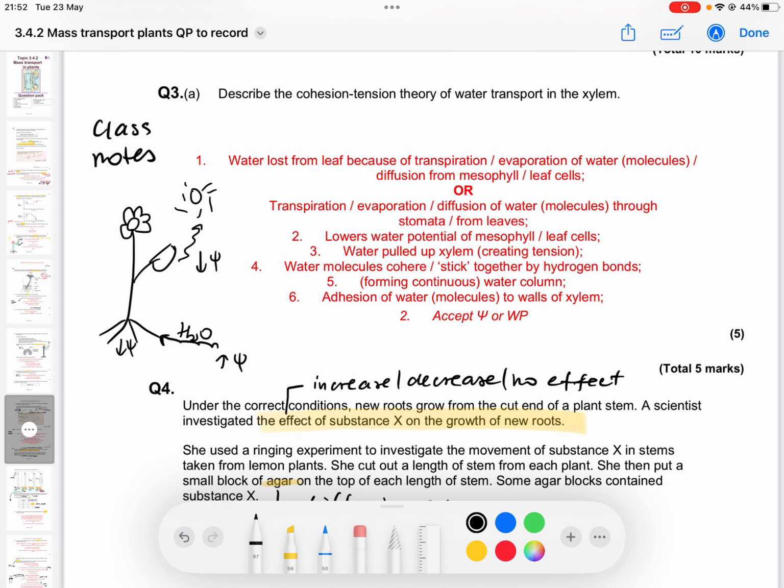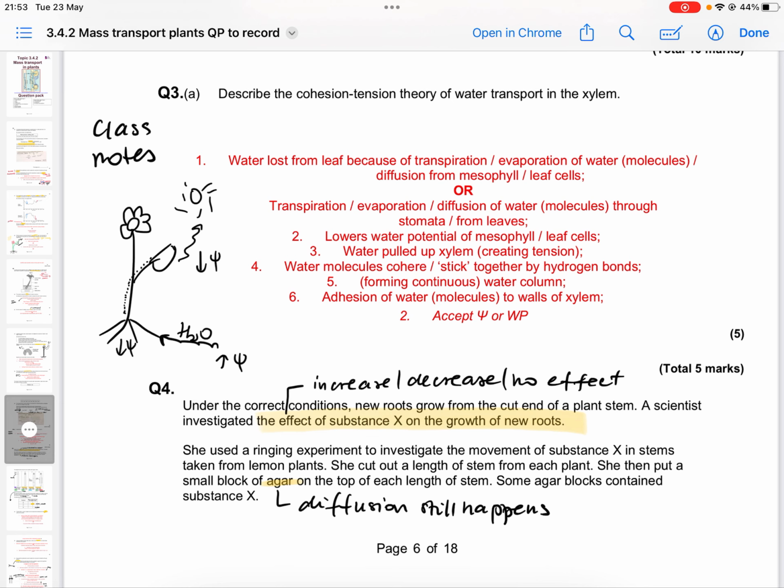Water will be pulled up as a column to replace the water that has been lost through the stomata from the leaves, and that water column is possible because the water molecules cohere, so they stick together by hydrogen bonds and adhere to the walls of the xylem, so they can be pulled up together as a continuous column. So that's cohesion tension, which explains the movement of water in the xylem.